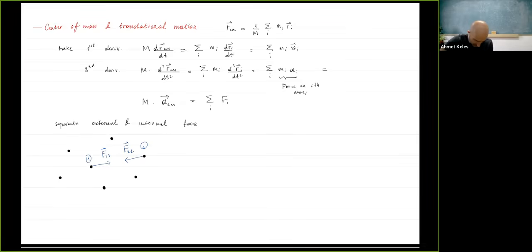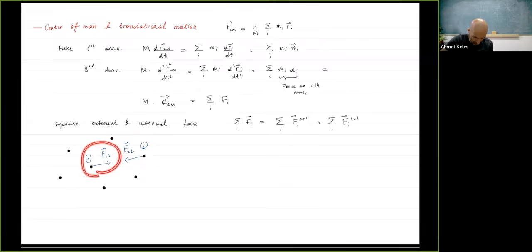The way I do this is, the sum over all i of F_i should be equal to the sum over all i of F_i external plus the sum over all i of F_i, let me call this internal. But I said for each internal force, there is an equal and opposite one as its pair, right?